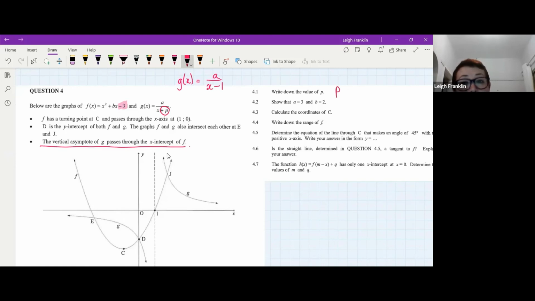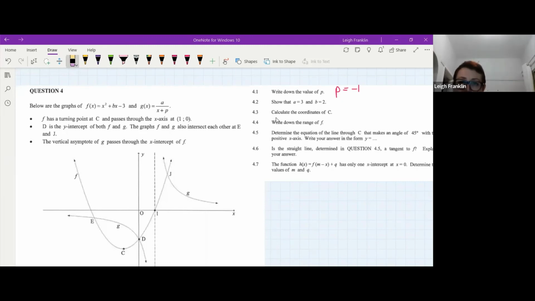There you go. p equals -1. Do you see how important it is to be able to understand the information that you are being given, right? So everything that they tell you means something. All right. Everybody happy with that? Okay, let's carry on. Good stuff.